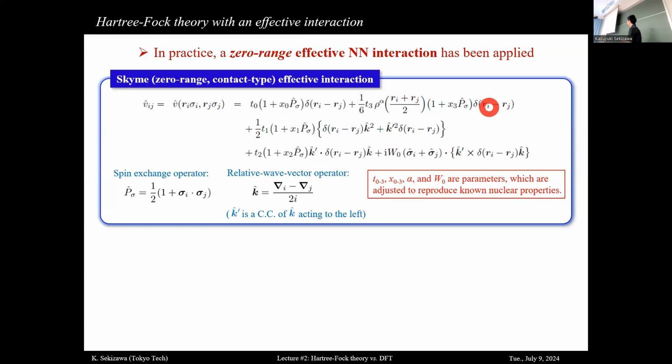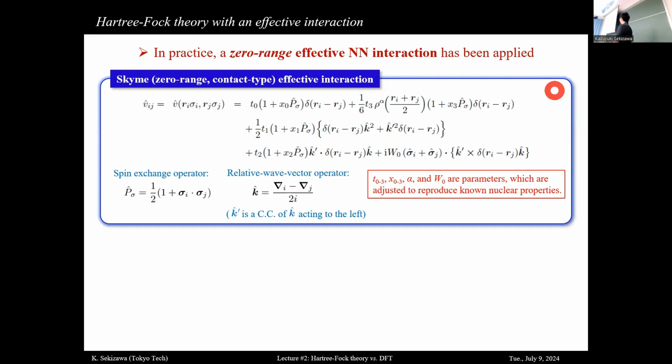The reason why people introduce this term is the many-body force, especially the three-body force. Since this interaction depends on the density, it contains some effect of matter around the nucleus. And this term effectively describes the many-body force, especially the three-body force.